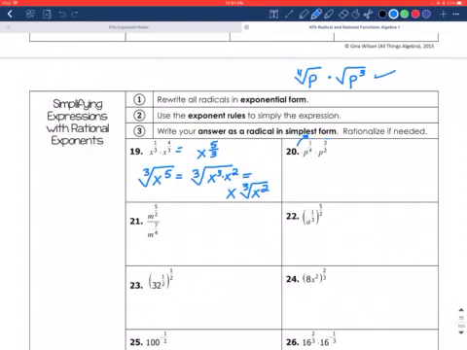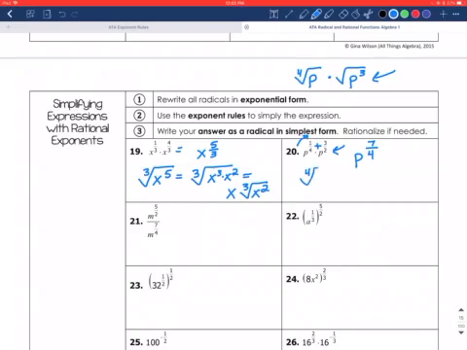If this was our first step that they gave us, obviously we can't multiply these because your indexes are not the same. But if we change them to exponential form, like this, now we can combine them together because we add those exponents. So that's 1/4, and 3/2 is the same as 6/4. So that will be 7/4.